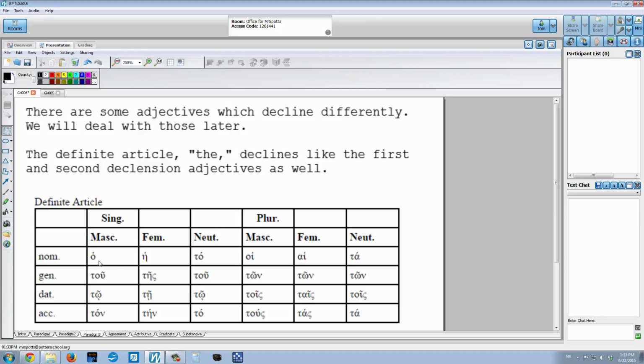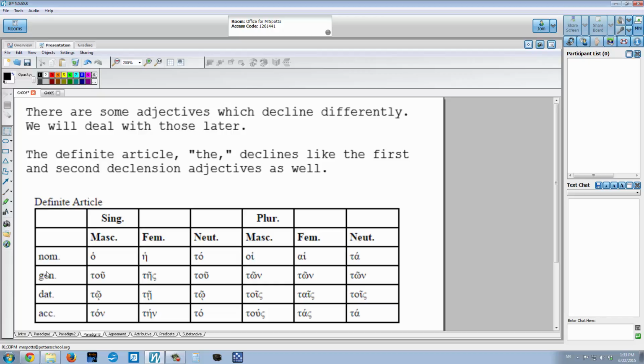So remember learning ho logos, tou logou, or I don't know what noun we used as a sample, he adelphe, tes adelphes. I'm sure that wasn't it. To teknon, tou teknou.